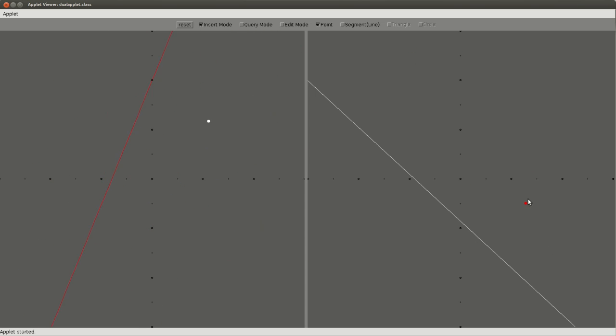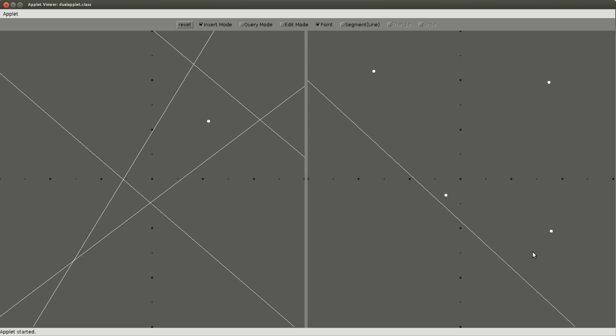Notice that any of the lines that I get in the primal space do not intersect the line segment connecting the origin to the point. For example, this one, or this one. None of these lines intersect this line segment. To get a line in the primal space that intersects this line segment, I will need to go to this other side of the line. As you can see, all the lines that I create by picking a point in dual space below this dual line will correspond to lines that intersect that line segment.